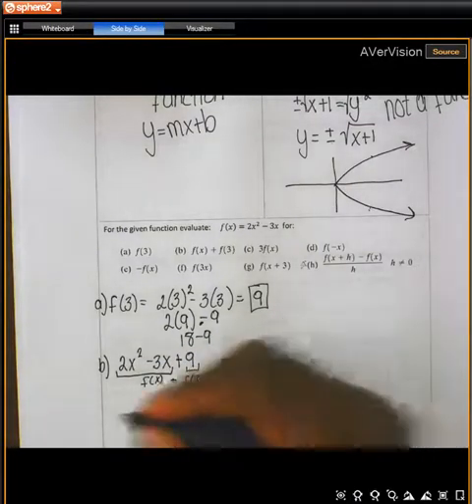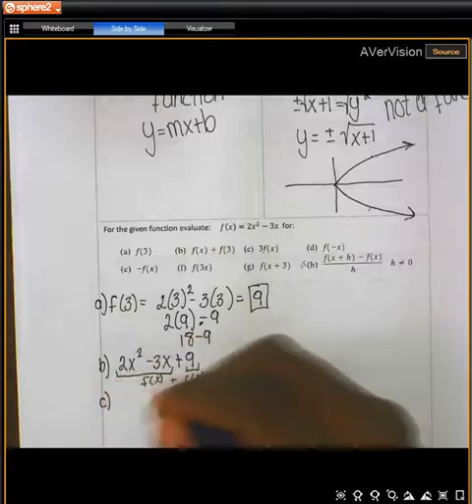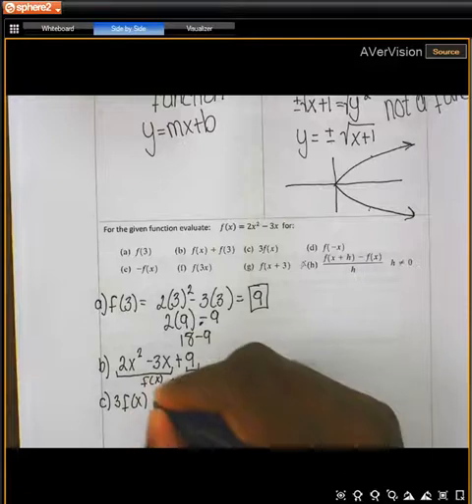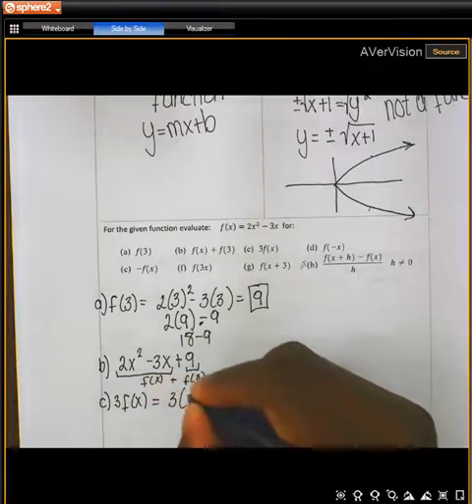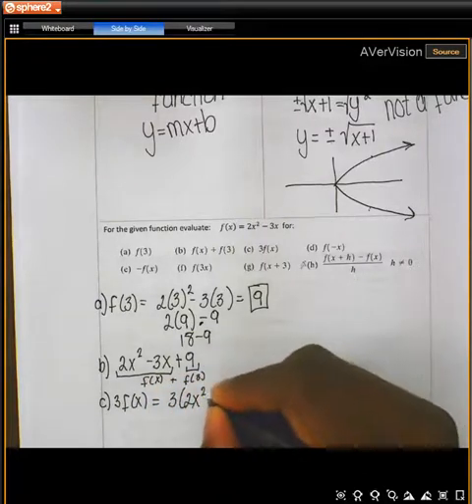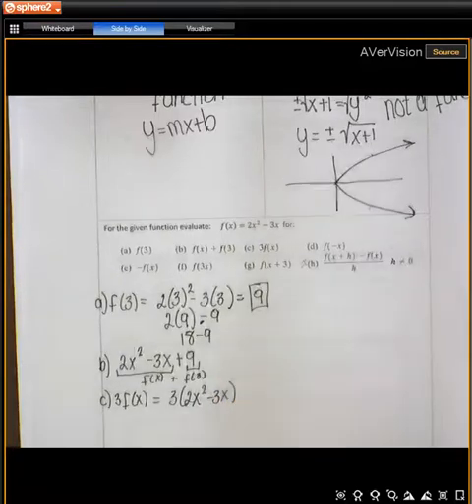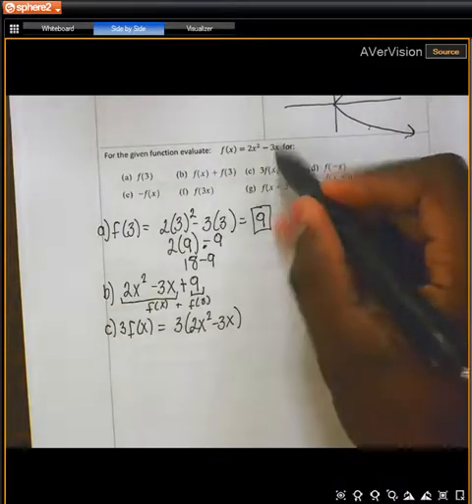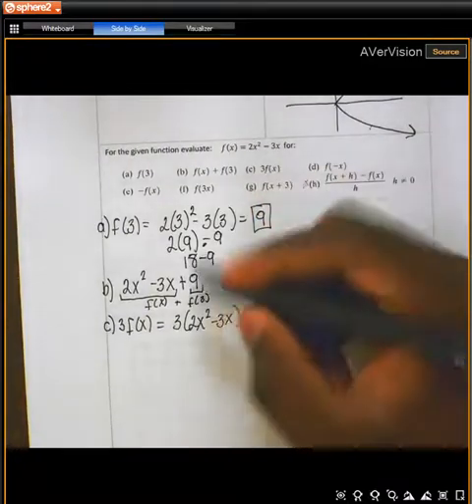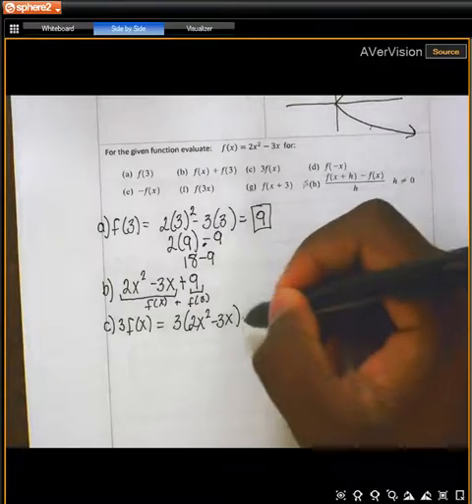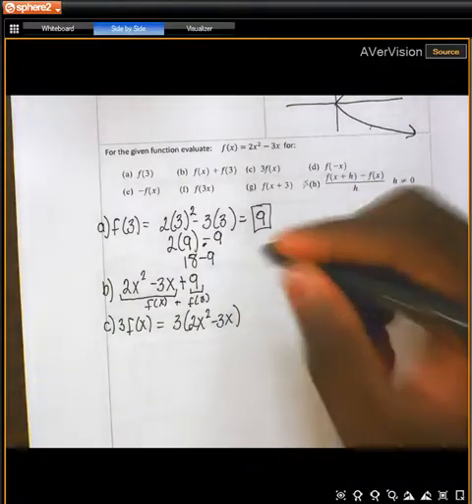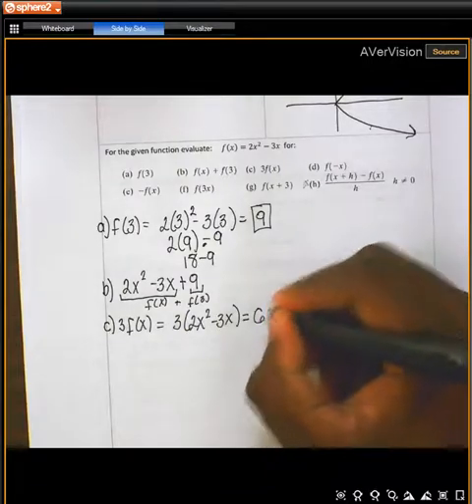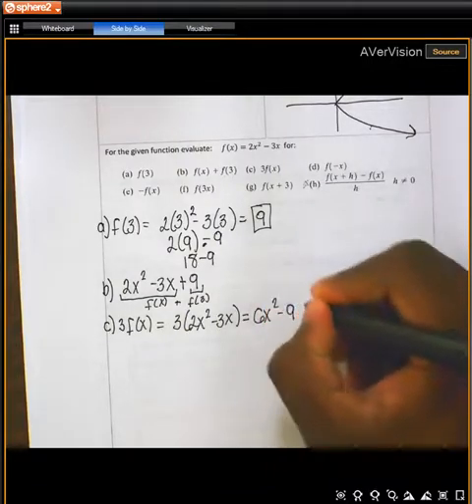Yeah, you multiply that by what? So it tells you to take f of x and multiply it by 3. So that just means we're multiplying 2x squared minus 3x by 3. And to do that, we have to distribute. So we get 6x squared minus 9x.